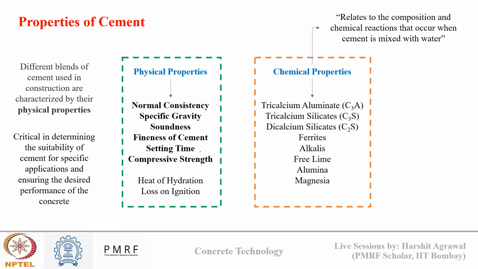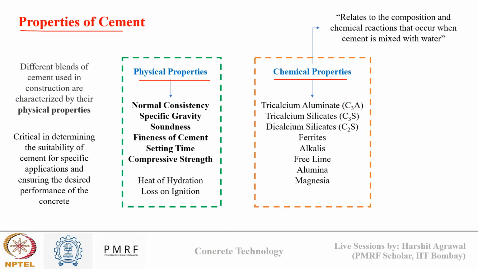In general, when we talk about properties of cement, they are classified into two major categories: physical properties and chemical properties. From the last session, we have seen the chemical properties, which relate to the composition and hydration reactions that occur in the cement paste when it is mixed with water.